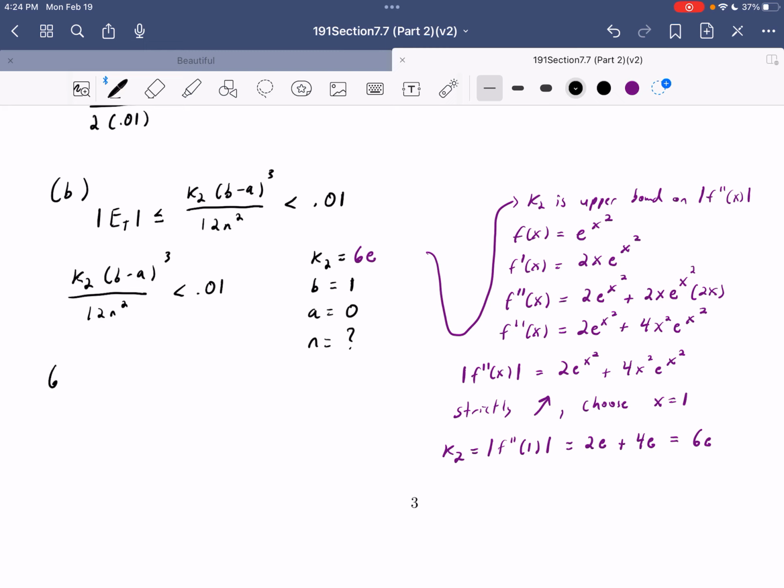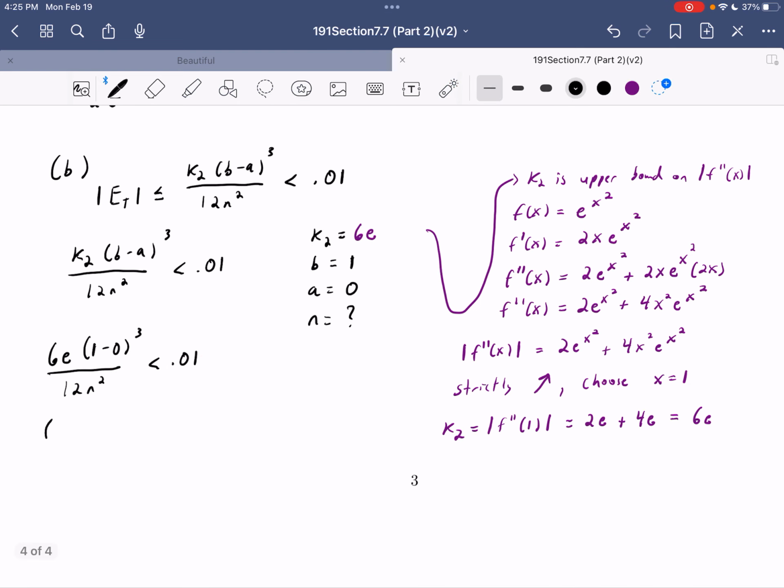Plugging that in, we get 6e times (1 minus 0) cubed over 12n squared has to be less than 0.01. Again, we're going to do a little manipulation. We bring the n squared over here and the 0.01 back. So we get 6e over 12 times 0.01 is less than n squared. If we square root, we get the square root of 6e over 12 times 0.01 is less than n.